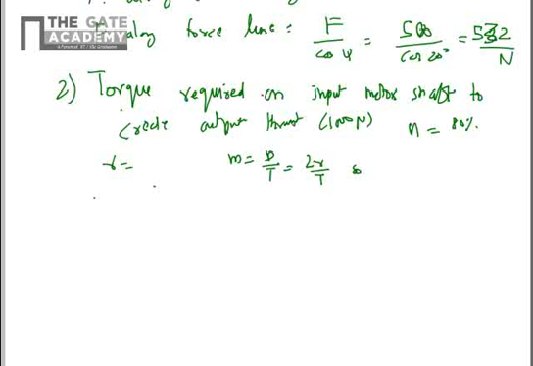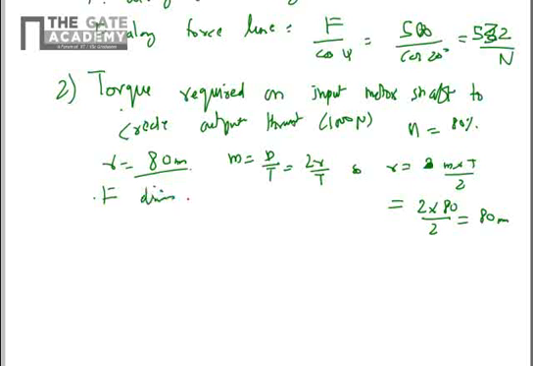So from the module, we know that m equals d by t. So radius will be equal to module into number of teeth divided by 2. So substituting the value of module, we get r is equal to 80 mm. And the force along the driven gear is, as we saw, 500 plus 500, equal to 1000 Newton.